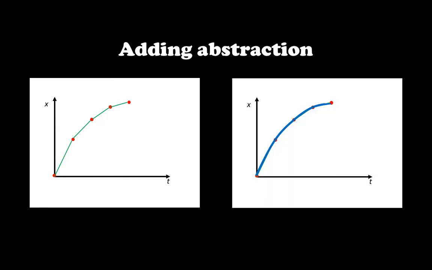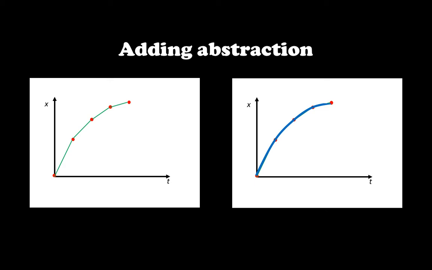However, we often assume that everything is nicely behaved between the dots, and so we can guess a function that passes through the dots or near the dots that approximates the motion. The difference between the graph on the left and the right is on the left, we are just specifying specific moments in time.